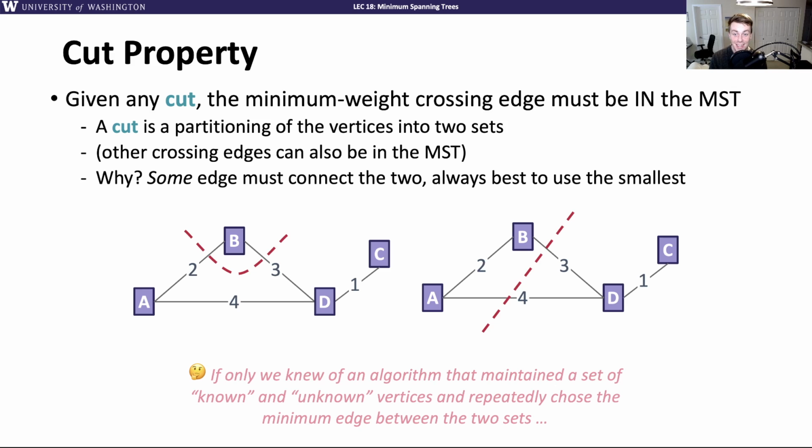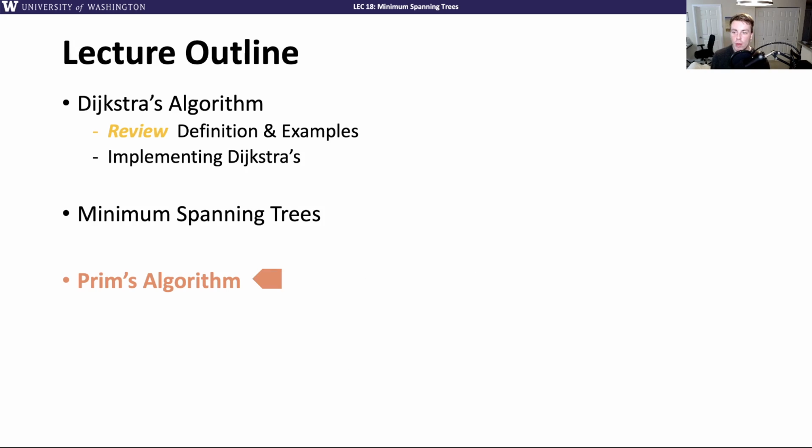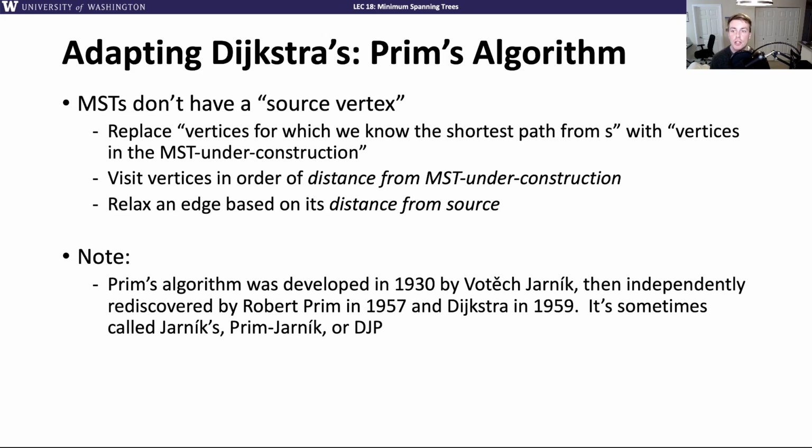And it should. So we're going to use a modified version of Dijkstra's to solve this problem. This is where we talk about Prim's algorithm. We're going to make a couple of adaptations to Dijkstra's to make it work for this case. The first is that minimum spanning trees don't necessarily have a source vertex or a start vertex.